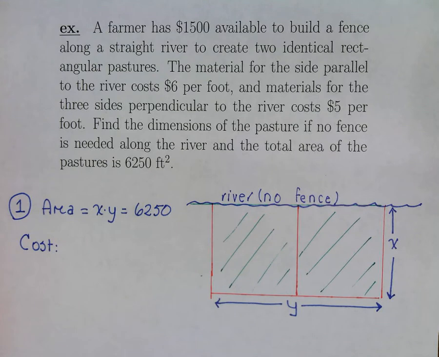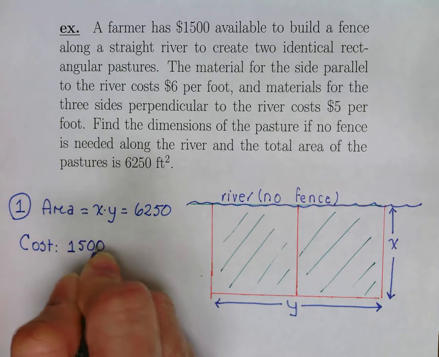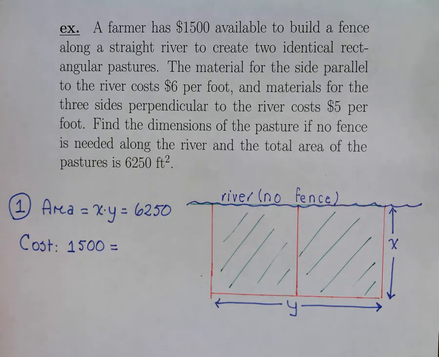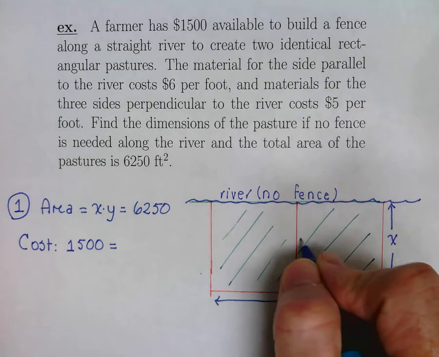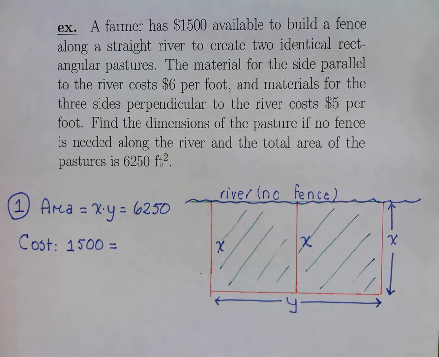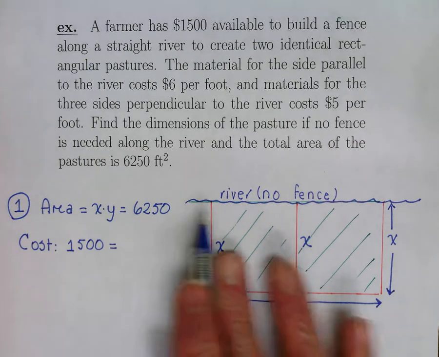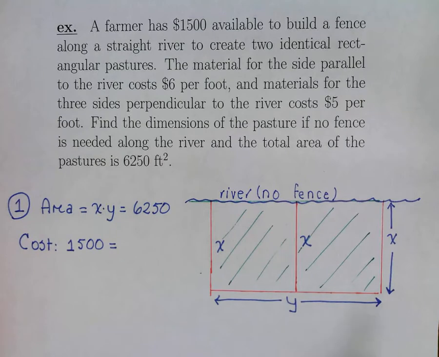And so we have to figure out what's the cost. Well, notice that we have not just two sides, but we actually have four lengths. No fence along the river, four lengths.